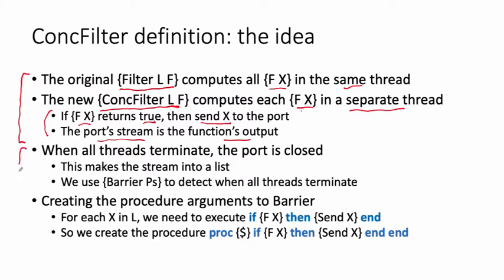And when all the threads terminate, we close the port. This is why we need barrier. For all the elements in the input list, we run a thread, but we have to know when it's all done because the output has to be a list. There has to be nil at the end. So we use barrier to detect when all the threads have terminated, and then we will do a close.